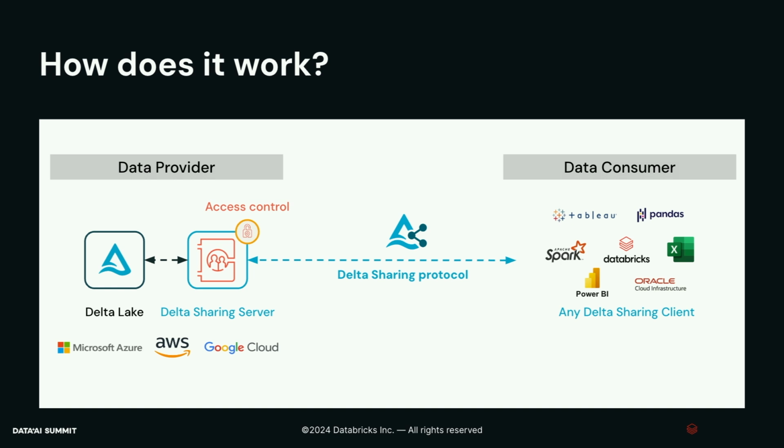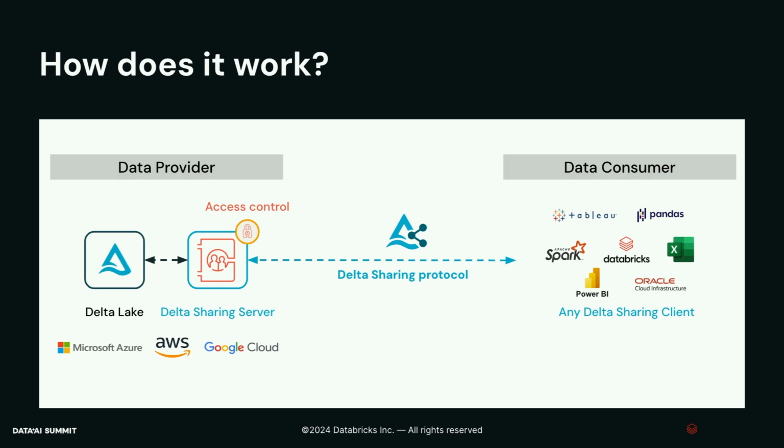Then on the consumer side, they can just grab any of the data sharing clients, including the open source ones like Pandas, Spark, or the commercial ones like Power BI, Tableau, or even Excel. And they can just use the credential to authenticate to the server. And when the server receives the request, it will first check the permissions on the credential.